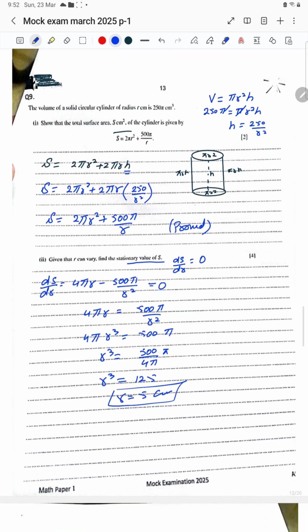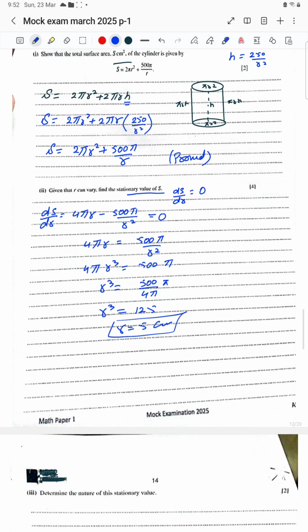Now find the stationary value. For the stationary value, we just replace r in S with 5. So 2 pi times 5 square, as in the first part proof, plus 500 pi over r, with r as 5.